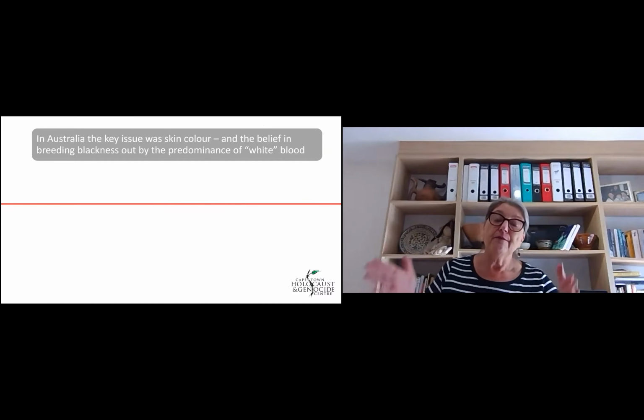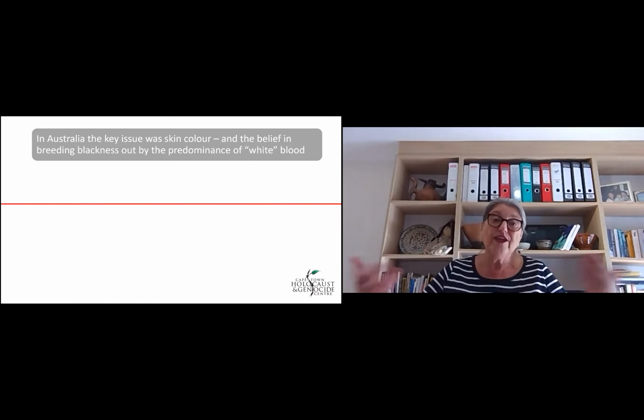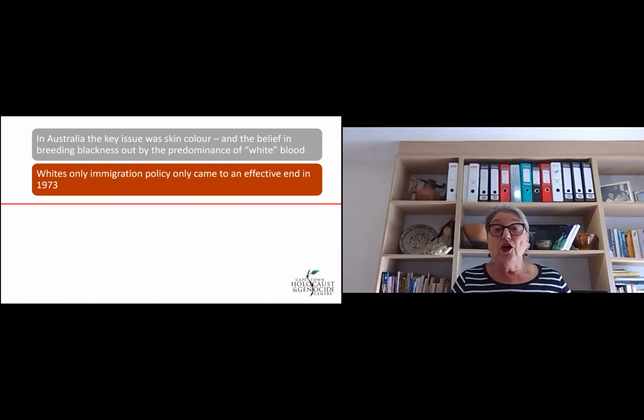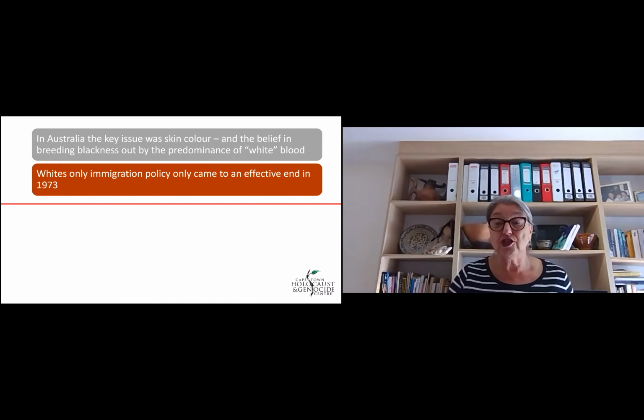If you have followed my previous units, grade 11s, you will know that we have spoken about the fact that there is no white blood, no black blood, no Christian blood, no South African blood, no Muslim blood, no Australian blood, no Jewish blood. There is simply red blood in all of us that we can share, and we do. The whites-only immigration policy only came to an end in 1973, so it went on for over 70 years, essentially.